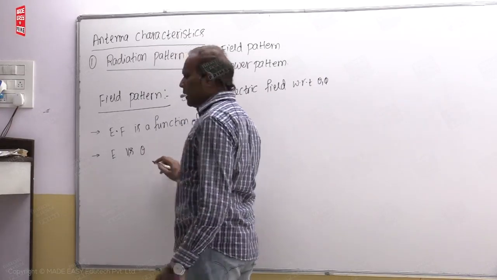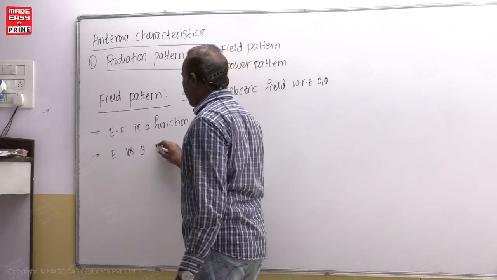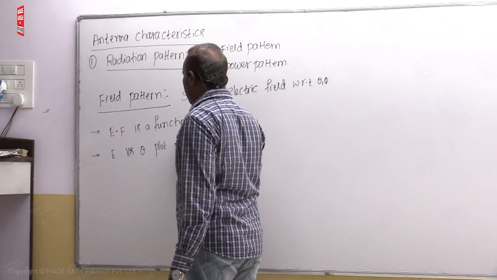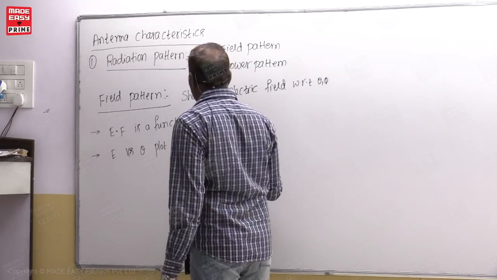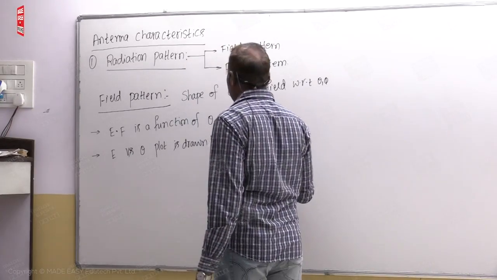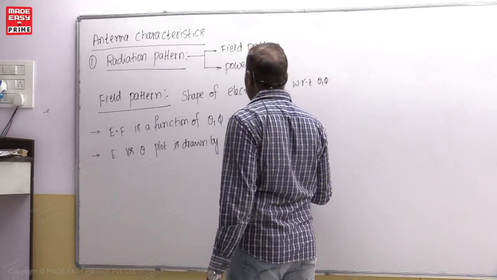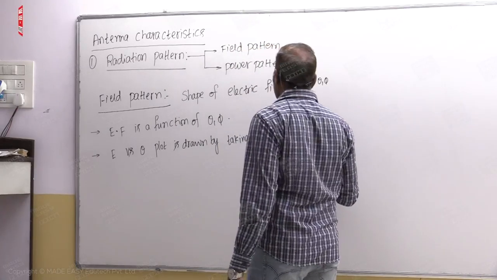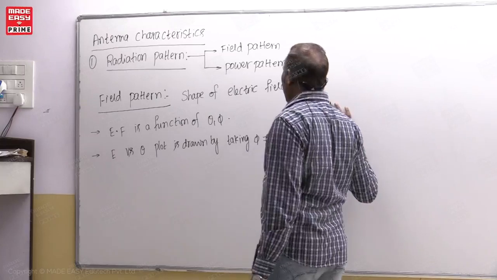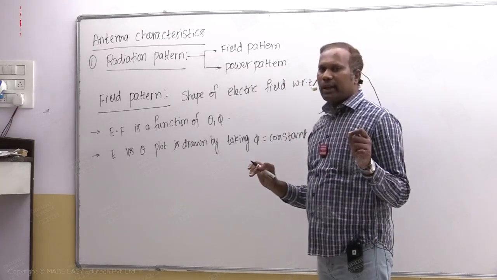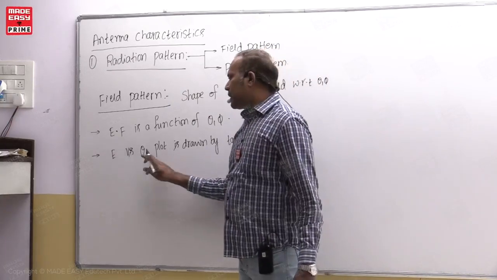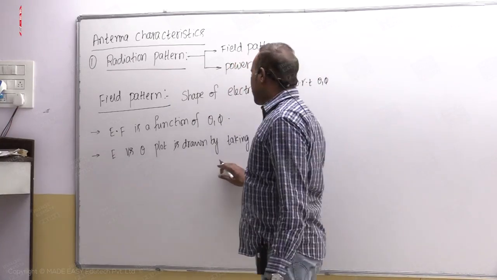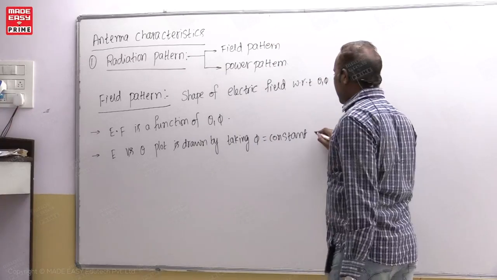Theta means what actually? Vertical angle. Plot is drawn by taking phi constant, because on a 2D board at a time we can draw a 2 variable diagram. Electric field is one variable, theta is another variable. Okay, plot is drawn by taking phi constant.